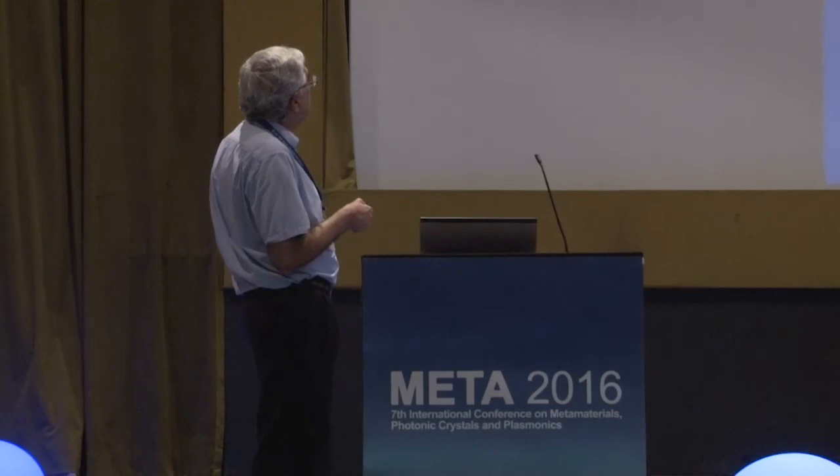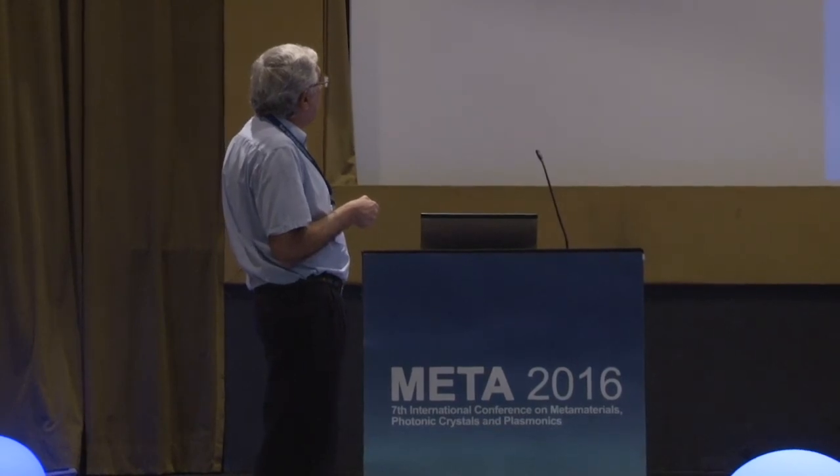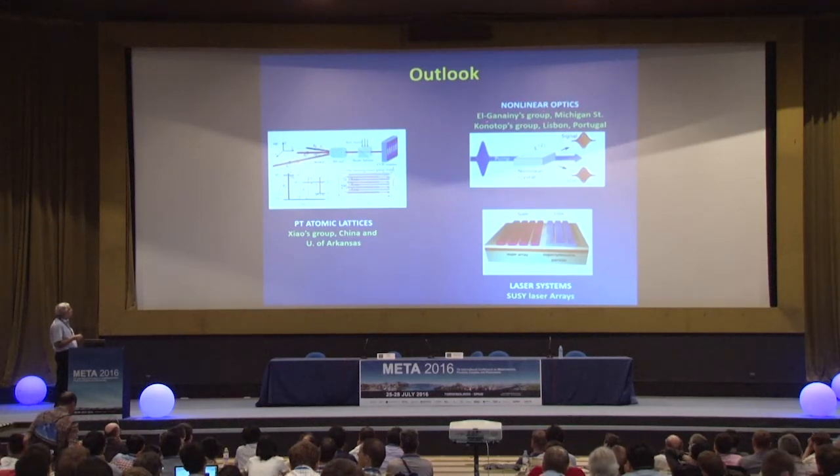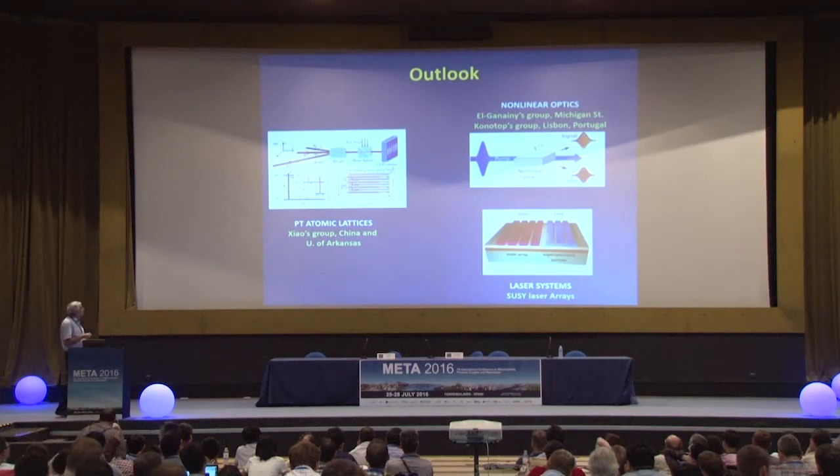This is work from Min Xiao's group from China, University of Arkansas, where an entire PT lattice has been imprinted on rubidium cells. And of course, there is always the option to bring these interesting concepts into nonlinear optics. This is work by El-Ganainy and Konotop's group. And of course, in conjunction with other concepts like, for example, supersymmetry and so on.